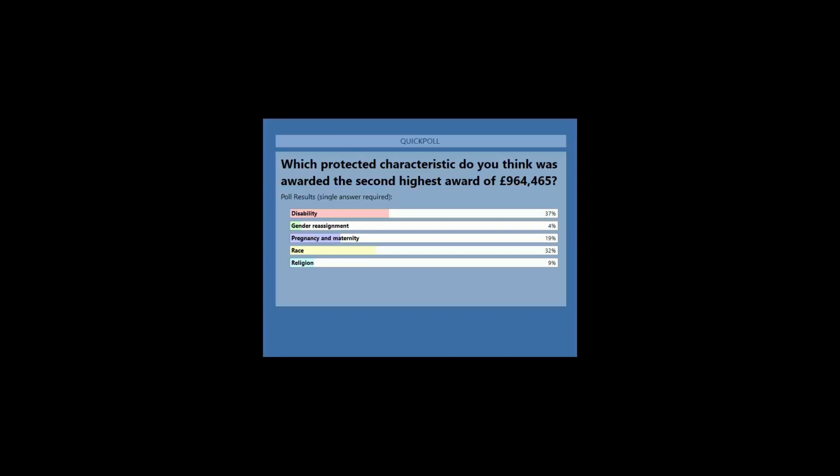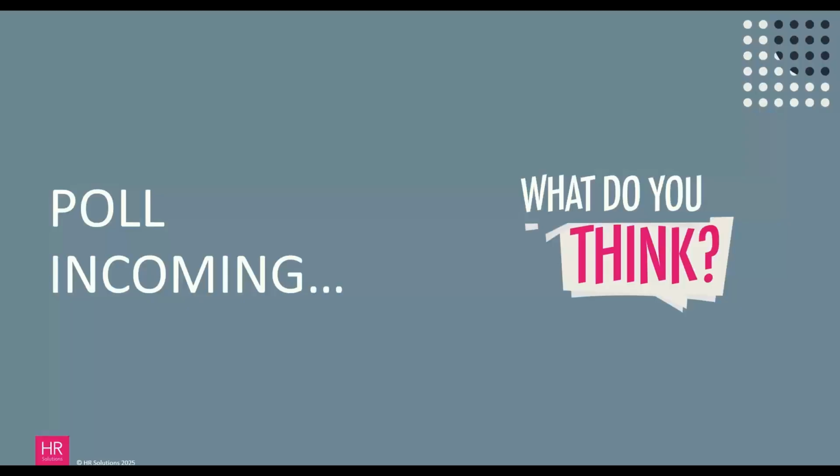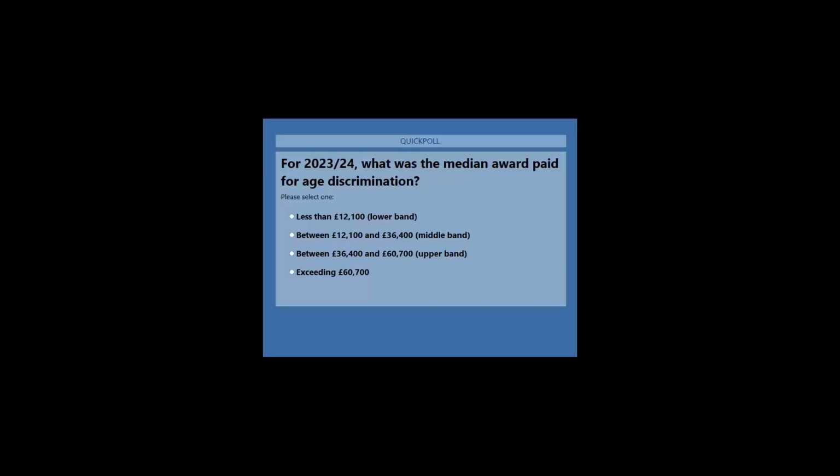And then I'm just going to quickly flag a couple of awards and open up a new poll, because this is quite interesting. I've obviously shared with you all the maximum amount, but we need to think about what's more representative of the average.